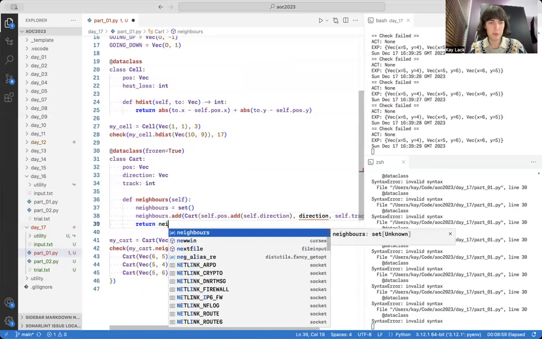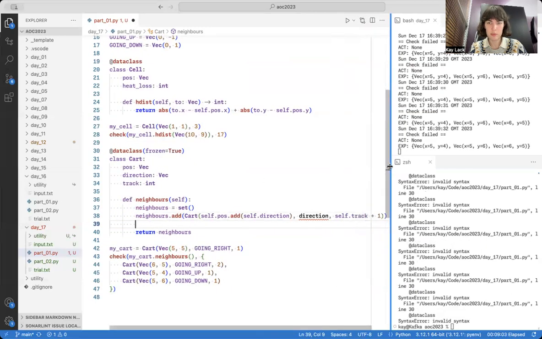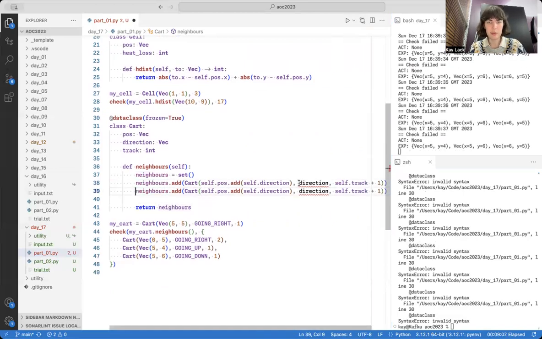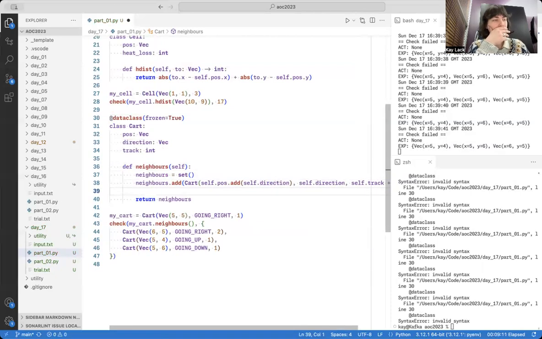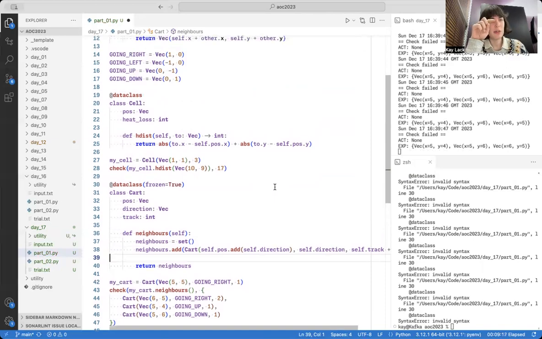If we're going right, we can go up or down. If we're going left, we can go up or down.